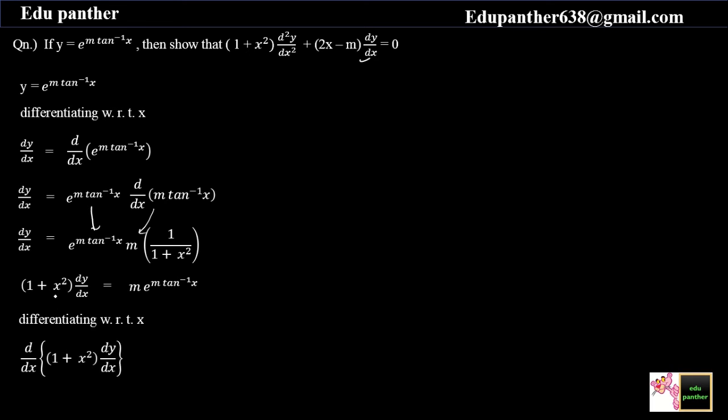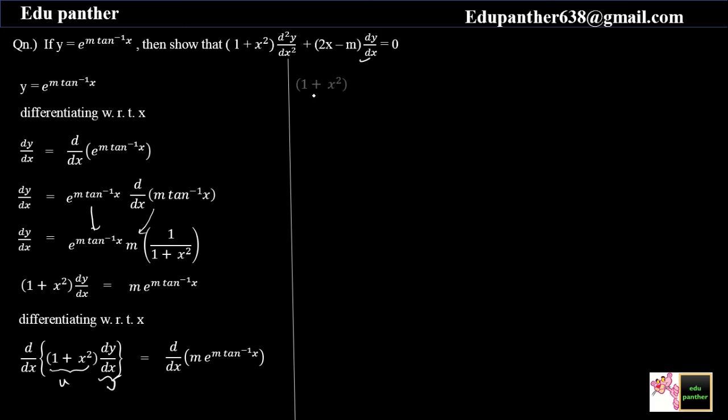After differentiation, the derivative of the left hand side is equal to the derivative of the right hand side. Now we'll see how to find the derivative of the left hand side. In the left hand side we have a product of two functions. The first function is 1 plus x square and the second function is dy by dx. Take the first function as u, the second function as v, and apply the product rule, means the derivative of u into v is u into the derivative of v, that is, your first term into the derivative of dy by dx, plus v, means dy by dx, into the derivative of u, the derivative of 1 plus x square.